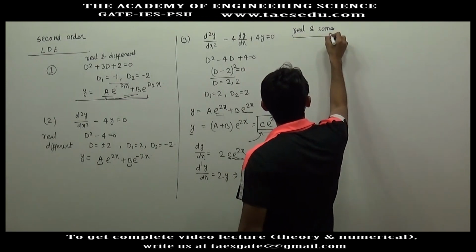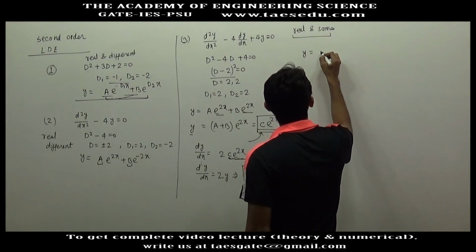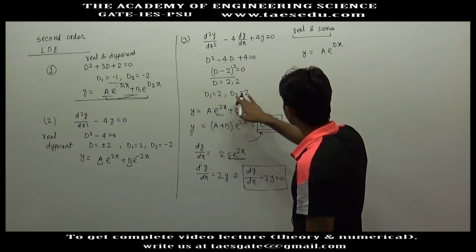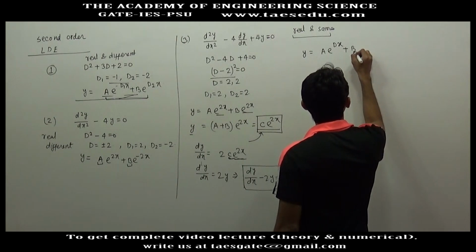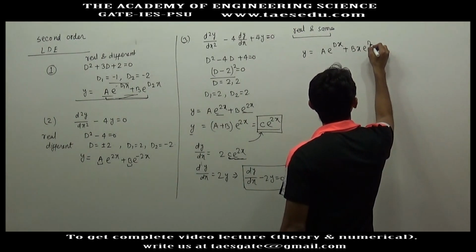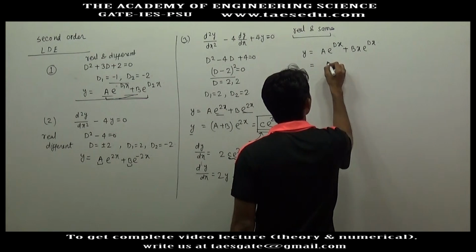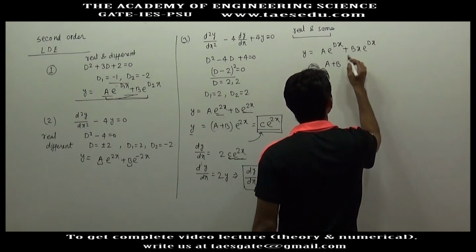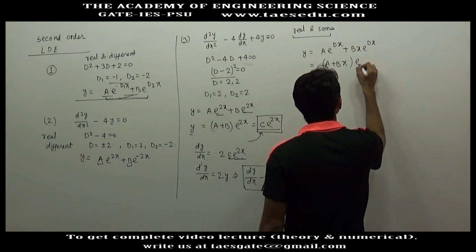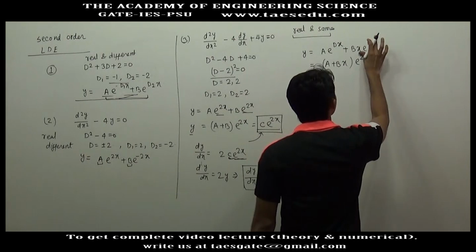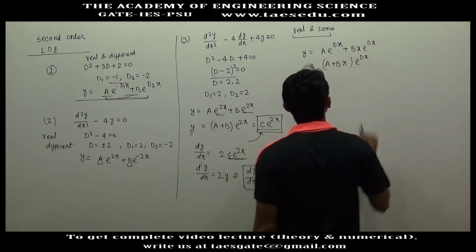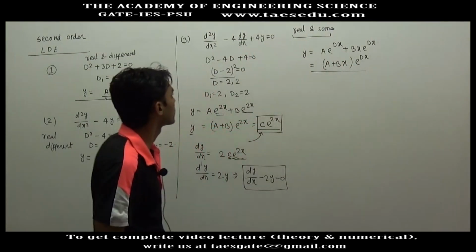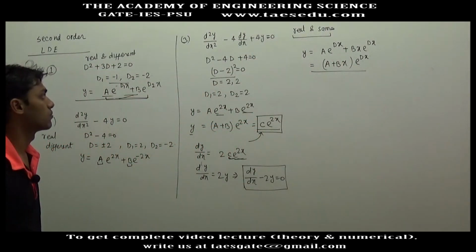Instead, for this case, we have y equal to a into e to power d1 x, where d1 and d2 are the same, plus b x into e to power d x, or (a plus b x) into e to power d x. This general solution for this case can be verified using Laplace.